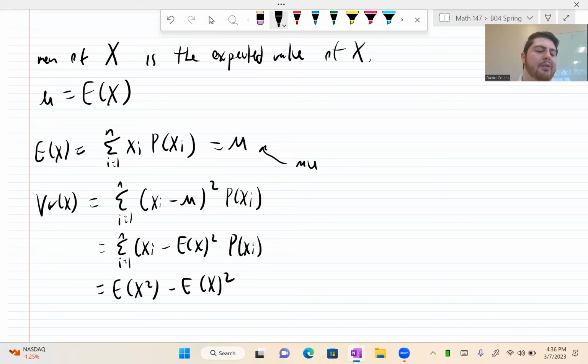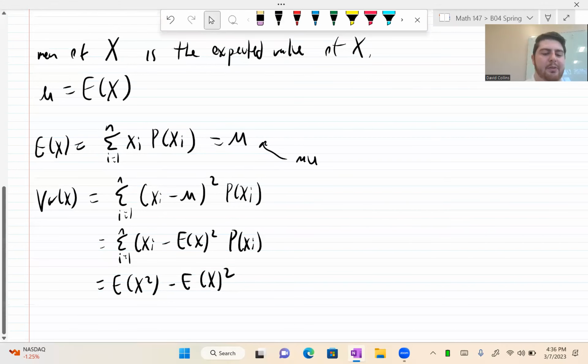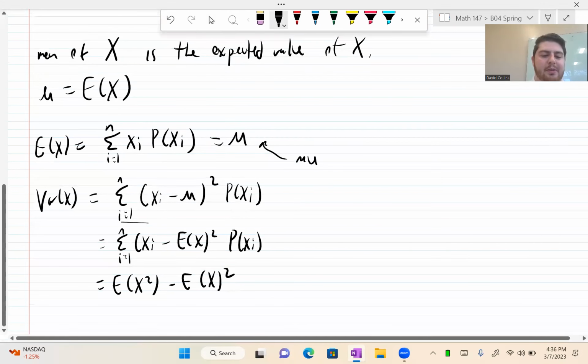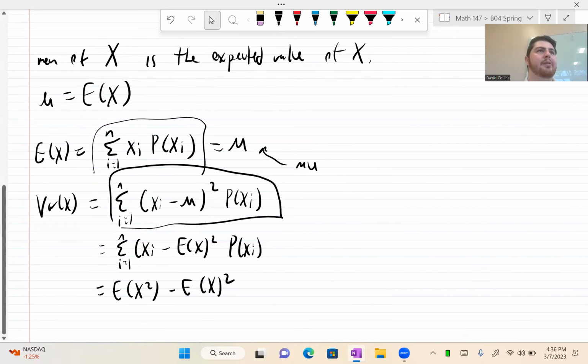The thing about both of these top formulas is those are only for discrete variables, but you only really need to worry about discrete random variables because the expected value for a continuous random variable would be an integral, which you don't need to know for this class, so don't worry about that. So you need to know the top formula. You should know these two formulas. Okay, everyone good so far?